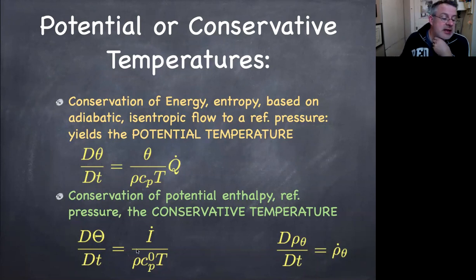And it has a slightly different equation set. We can't actually show you even what the conservative temperature is based on those equations easily, but this is the one that depends on the potential enthalpy being conserved that I mentioned briefly. We do not need to use this in our class, but it's maybe something to be informed about as a budding oceanographer.